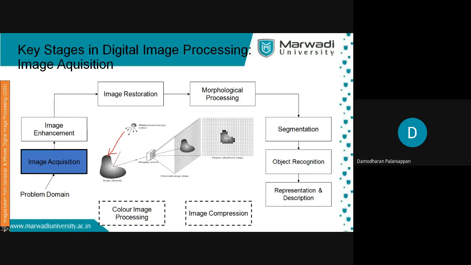Light rays are passed over an object and the object reflects them. That reflection is stored as an image on the sensor panel. That image is converted into digital form so that you are able to get an image.